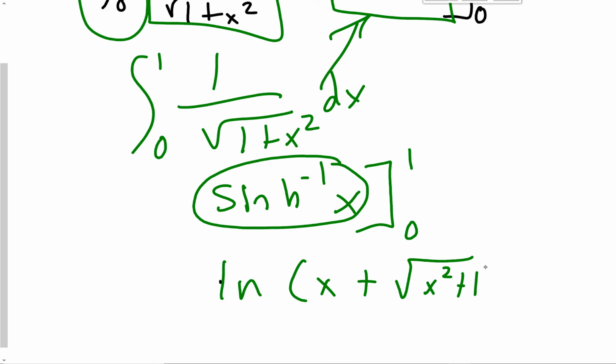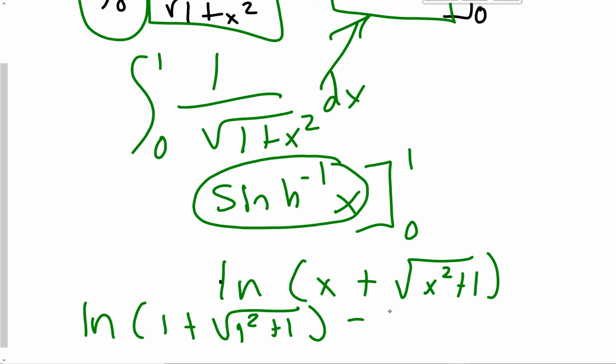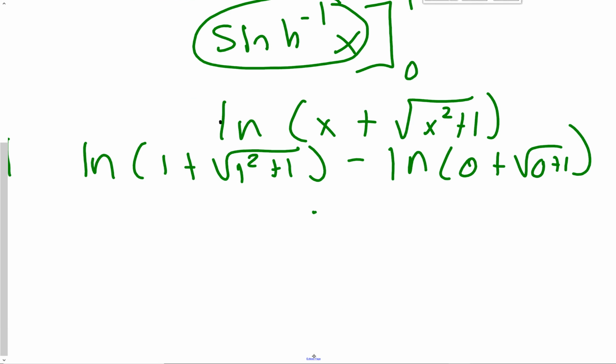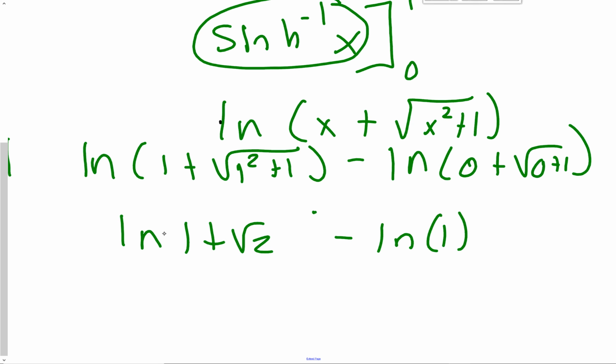Now I can plug in my 1, my b, and plug in my 0, my a. And you can start simplifying this. So this would be ln of 1 plus square root of 2 minus ln of 0 plus square root of 0 squared plus 1, and the square root of 1 is 1. And this is just 0.